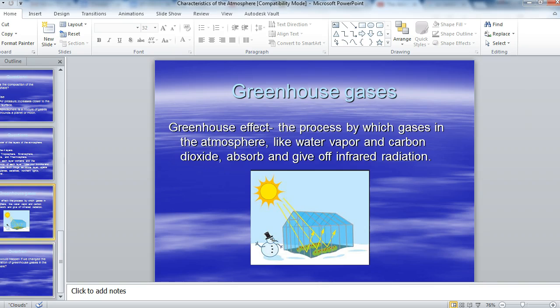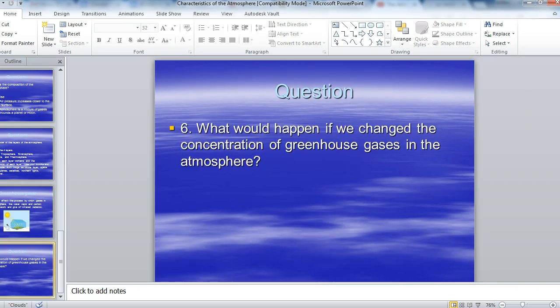I want you to think about that, and I want you to answer this next question, okay? What would happen, do you think, if we changed the concentration or the amount of those greenhouse gases in the atmosphere? It could be any of them. I've said we're going to focus on carbon dioxide, so you can substitute that if you want. It could be water vapor, it could be methane.